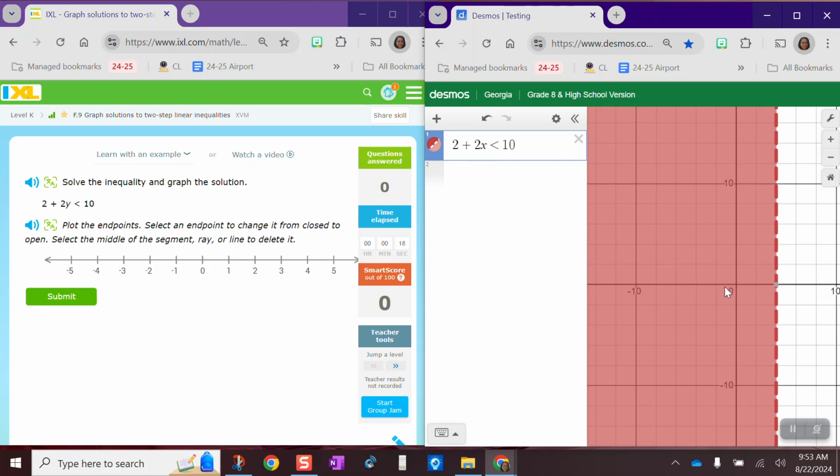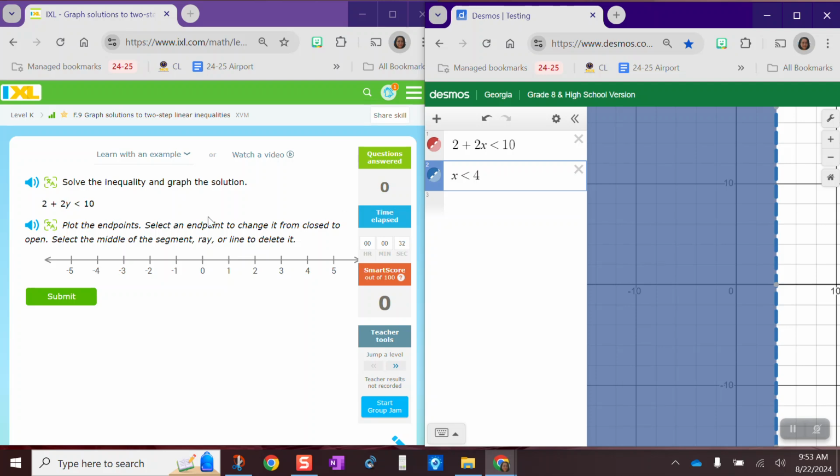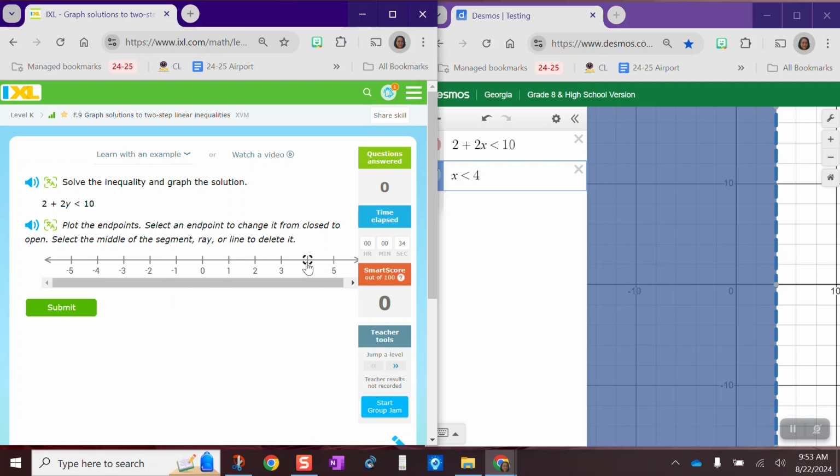And it looks like it's all the numbers that are less than 4. Dashed line, so there's no equal sign. So you can write that somewhere if you want to. X is going to be less than 4. And so you go to 4, open circle, and you just slide this way, click on the arrow.